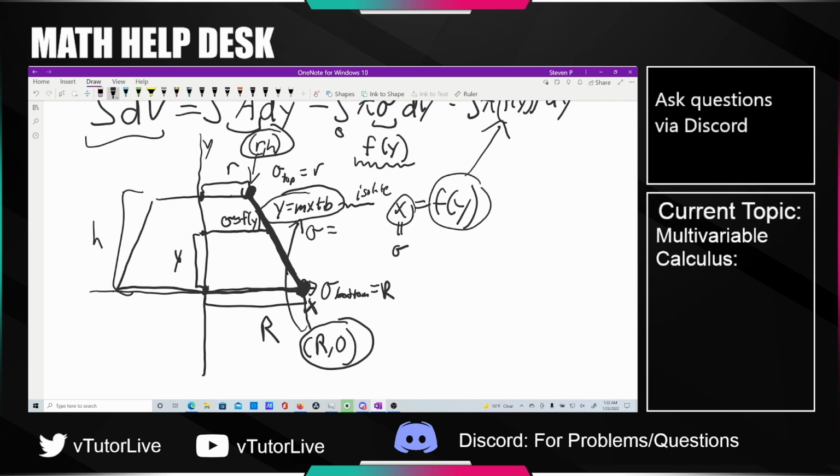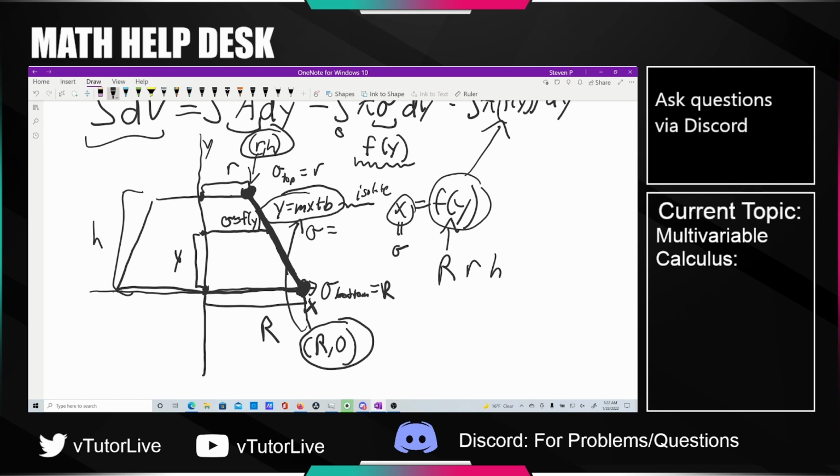The fact that big R, little r, and h define the points of this line means that they're going to be involved in the expression for the equation of the line. And that means that after you isolate it, you're going to have r, R, and h inside this expression for f of y.